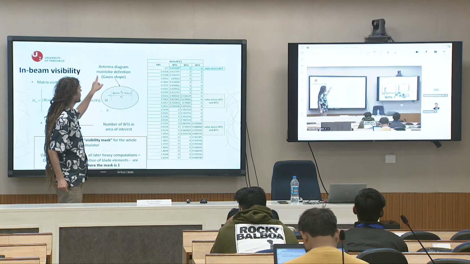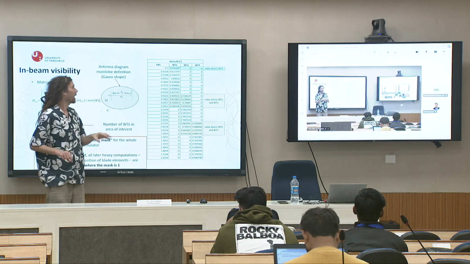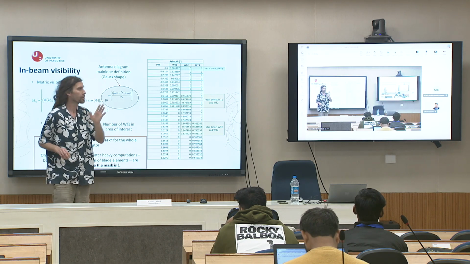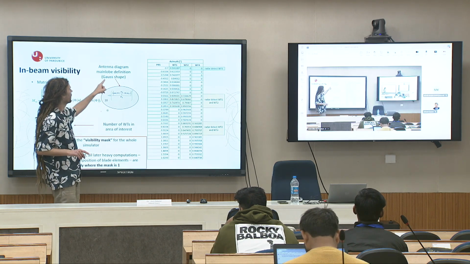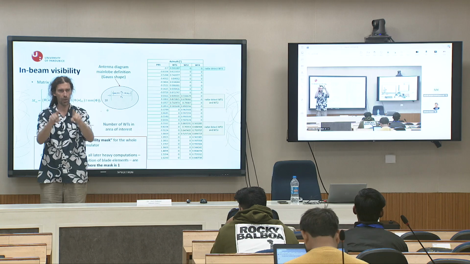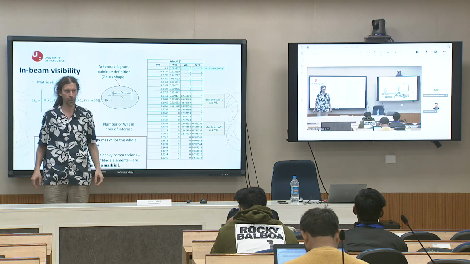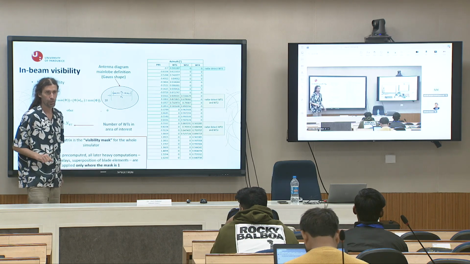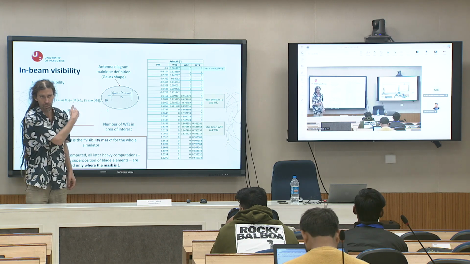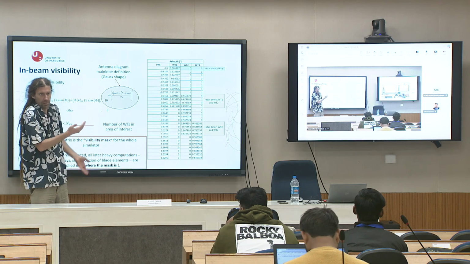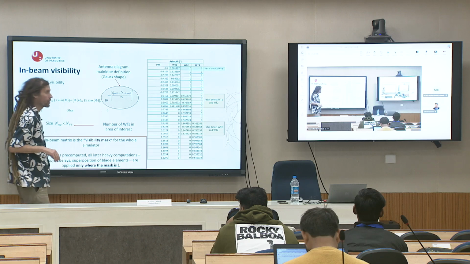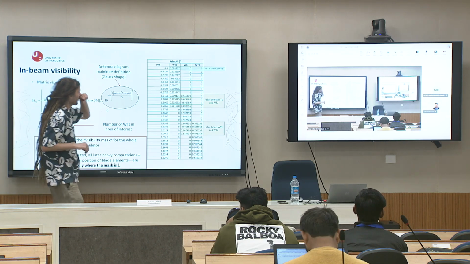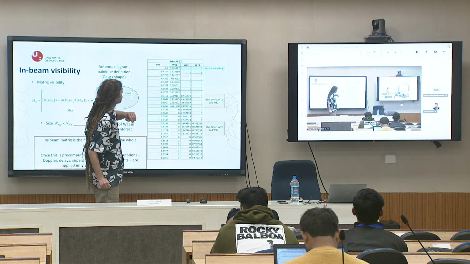It is the antenna diagram main lobe definition. For simplification we use a Gaussian shape. So it is the Gauss shape of the main antenna lobe. If you want another main lobe, just put in another main lobe. It is just a function.